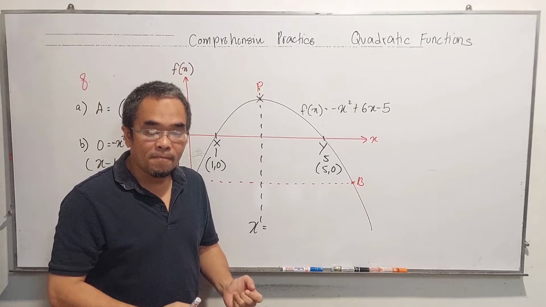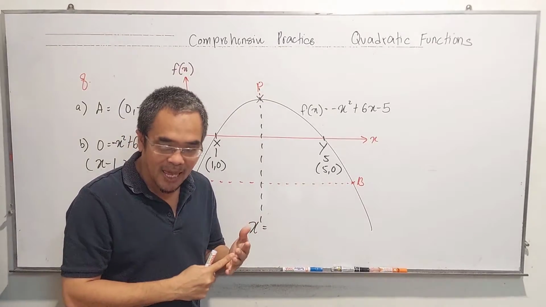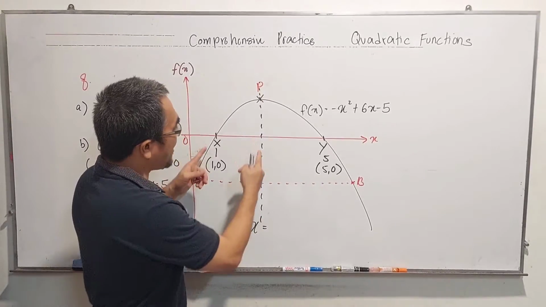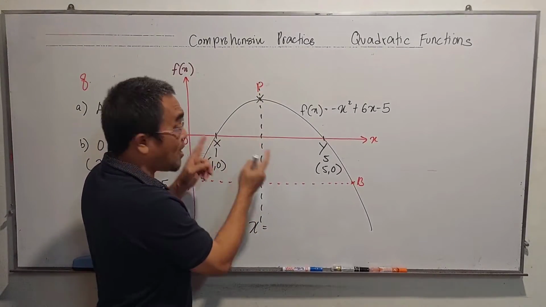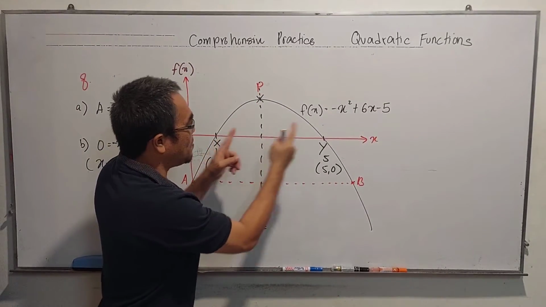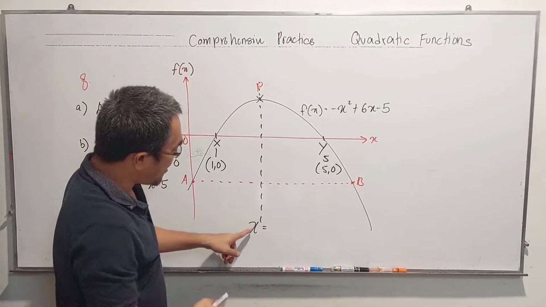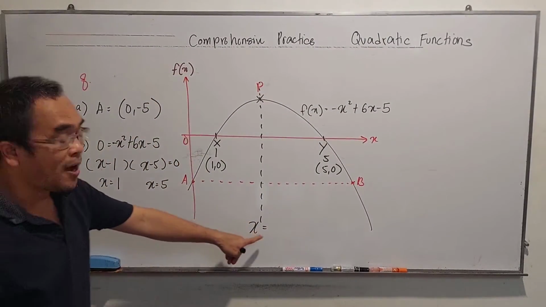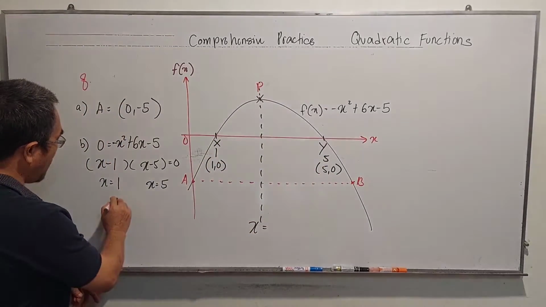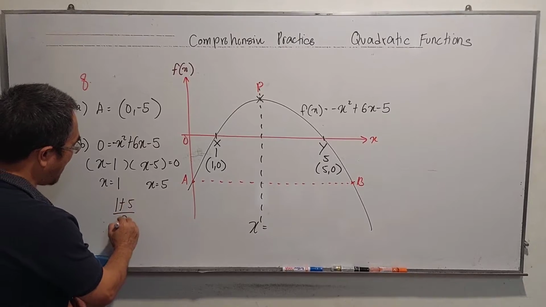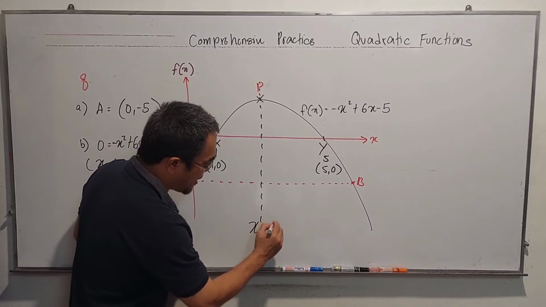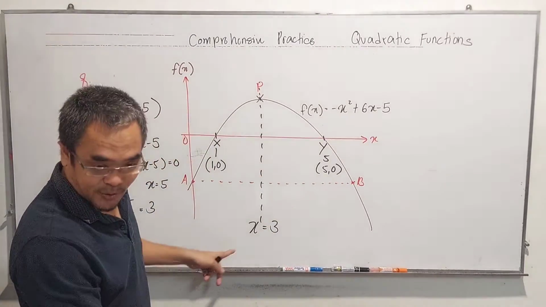But if you draw according to scale and put all the coordinates like what you learned in Form 2, you will find the middle here will be this. When we say the middle, the length here will be equal to the length here. So in order to find the x, you have to find the midpoint of these two roots. So the midpoint will be 1 plus 5 divided by 2, which is 6 over 2, which is 3. So the equation here will be x equals 3.